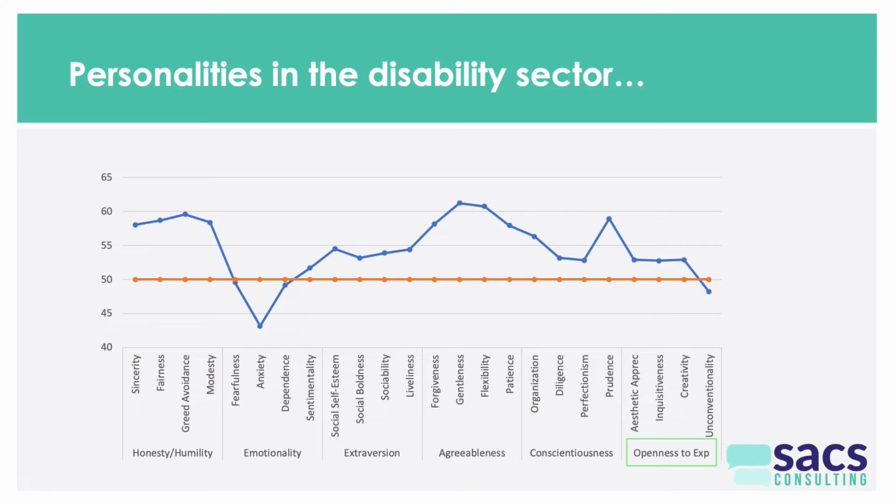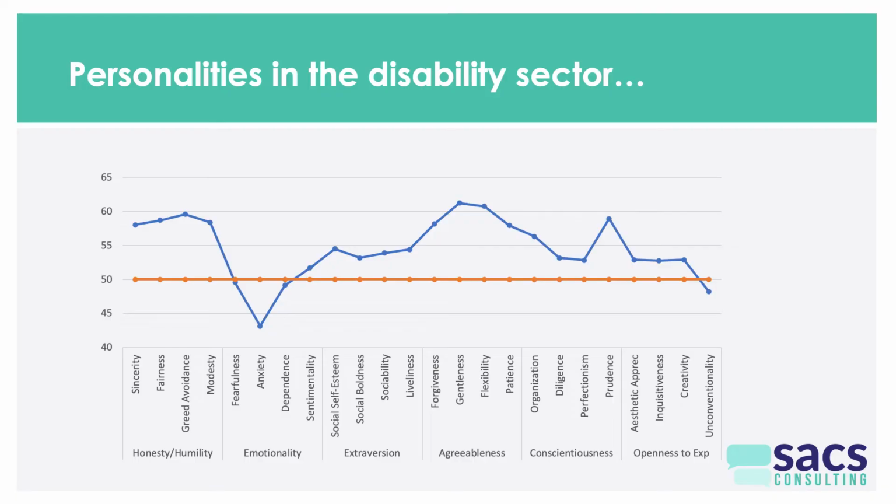That's an interesting characteristic. This is an important clue for the disability sector, isn't it? If you want people to fit in and you want people to not turn over quickly, recruit people who are kind of in this category from a personality point of view, people who are not markedly different. You wouldn't want to hire, for instance, people who are low in honesty, humility.